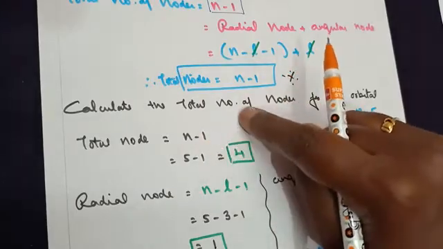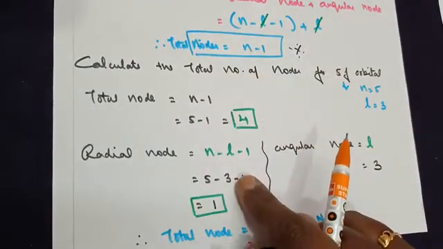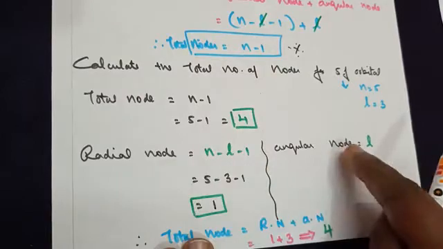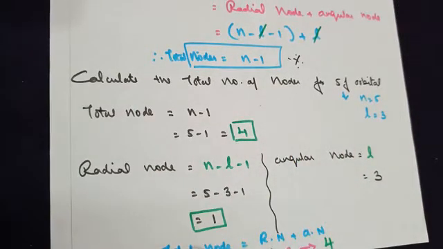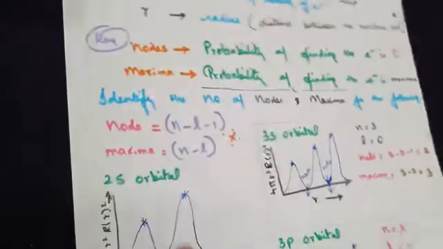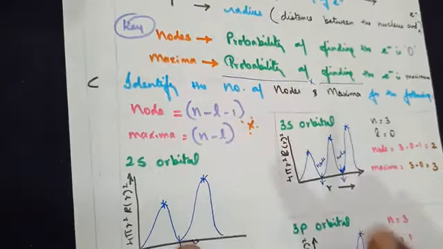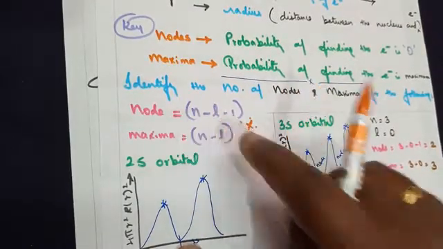This is one way of representing. If they ask you in terms of radial node and angular node, radial node, what's the formula? It is n minus L minus 1. Maxima they are not asking, they are only asking you in terms of node.